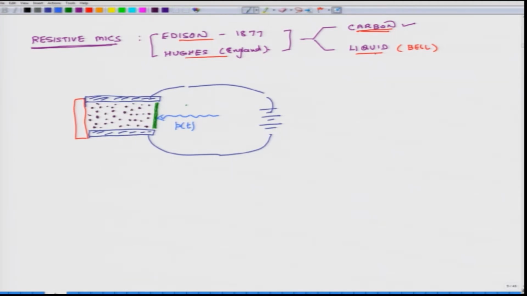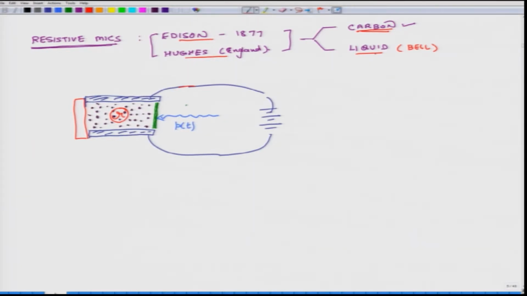As a consequence, the resistance R starts changing with time, and that is somewhat proportional to changes in pressure. So, people measure the current, and from the current they figure out how much R is changing, and from that they figure out the pressure.